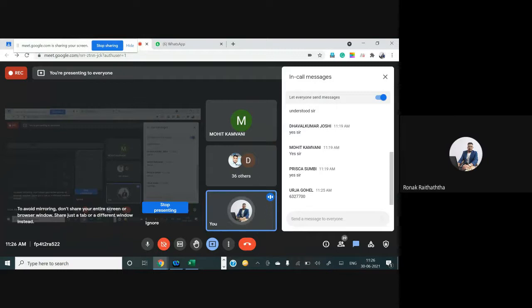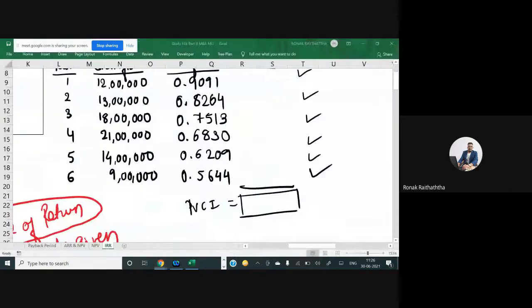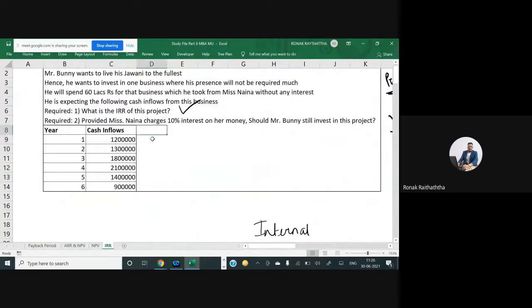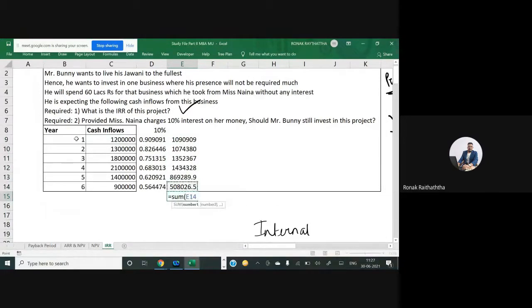Are you getting any answer different from this? 62, 29. दर्शिता का 29 तो यार 2000 का फर्क है, थोड़ा सा ज्यादा फर्क है. और कोई बताओ? 63, 29, 301.